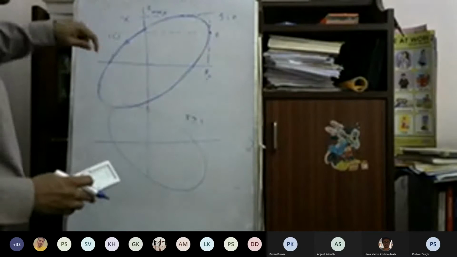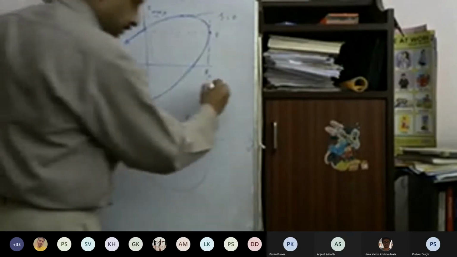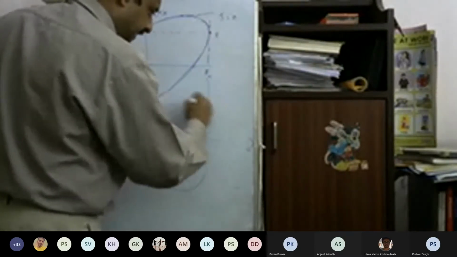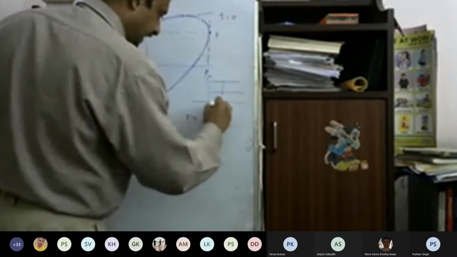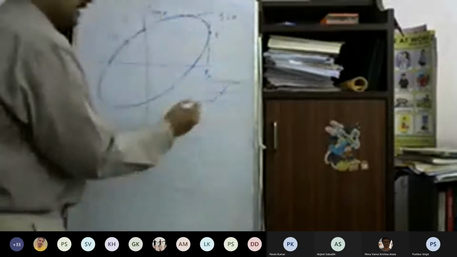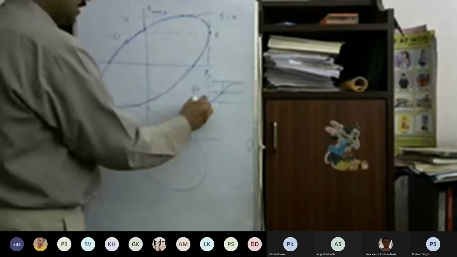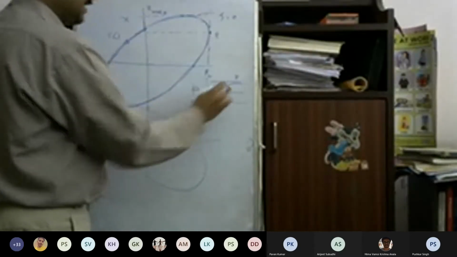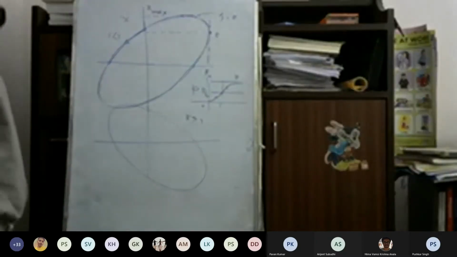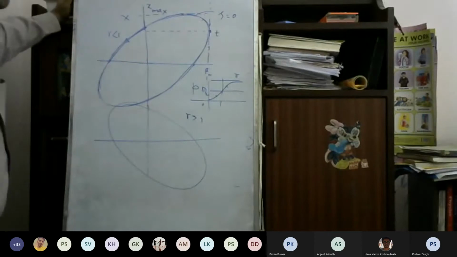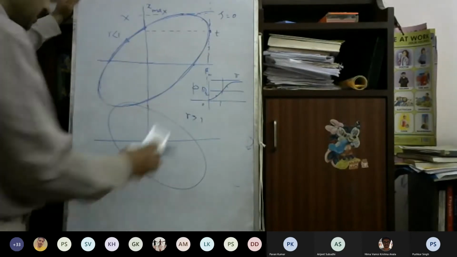There is an abrupt change in the resonance, but for a damped system the change is not abrupt. What we see is that the phase difference goes from 0 to pi, and there is a crossing of the pi by 2 line. As soon as it crosses pi by 2, the orientation of the curve will flip. So this is one important observation which can be used to detect whether resonance is taking place or not.